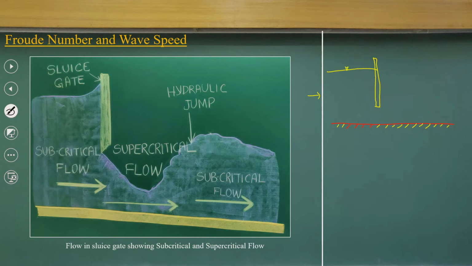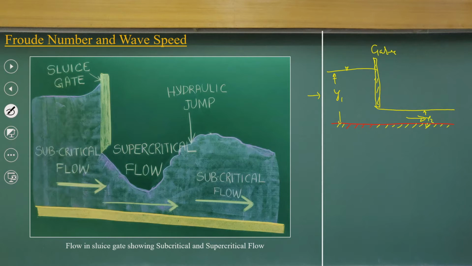After that, you can see that the flow will be like a jet flow, it will happen like this. So, this is the gate we are operating, the flow is coming from this side and going out. Typically it will have a jet type of flow. Very simple idea. If this y1 is the depth, here y2 is the depth.